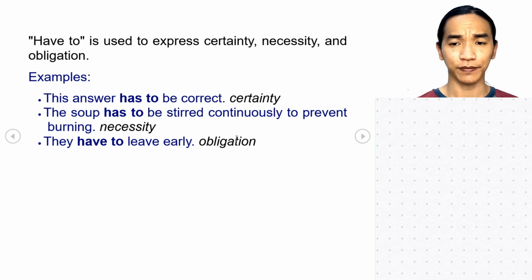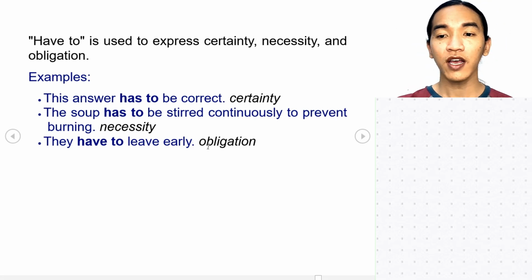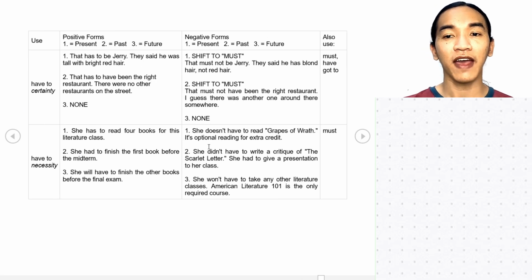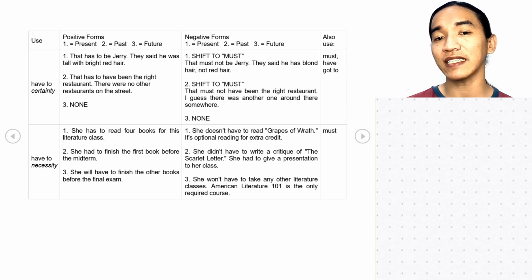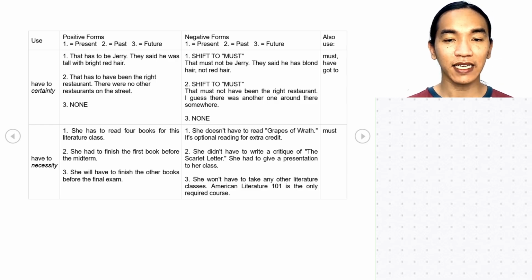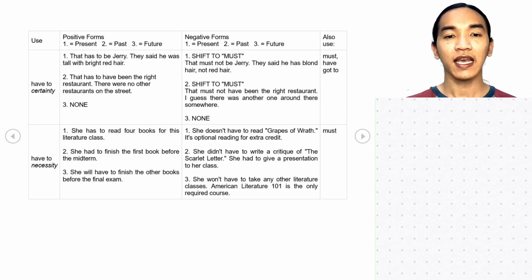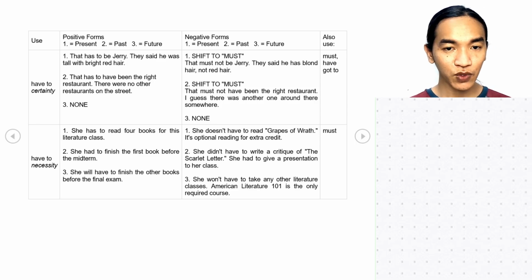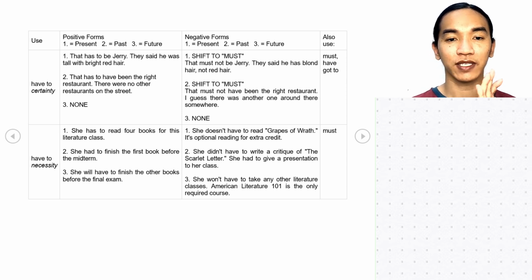Okay. Now, let's go ahead and understand more of our modal verb have to here. So, as you can see, we have here the present, past, and future as well. Okay, for both positive and negative forms. So, the first one that we are discussing is using have to for certainty when we are sure about something.